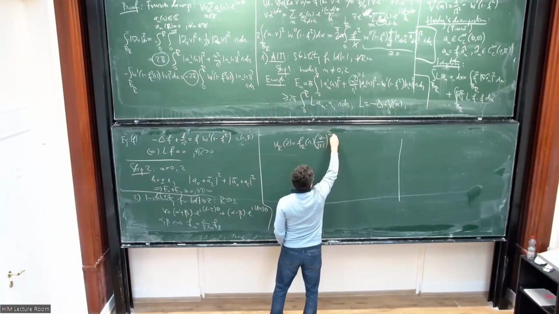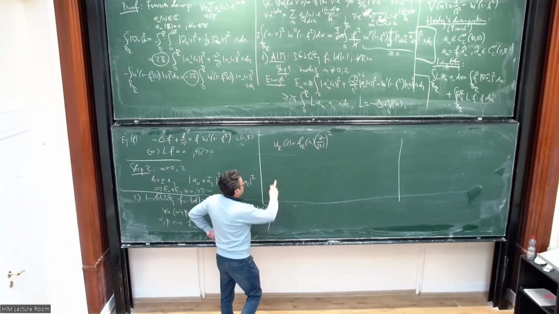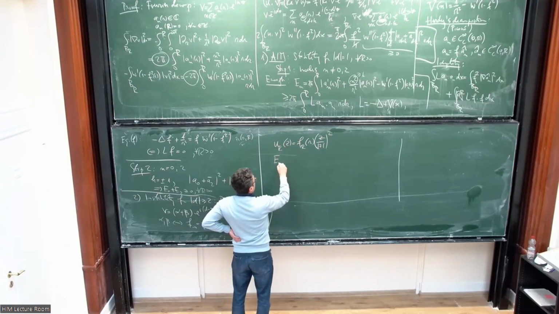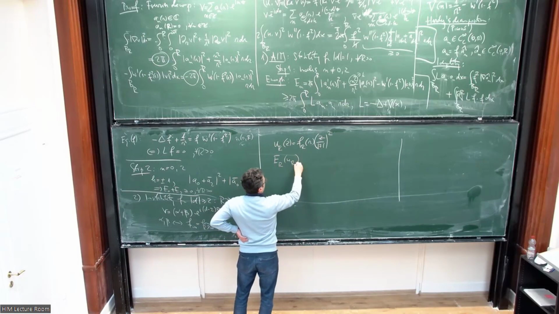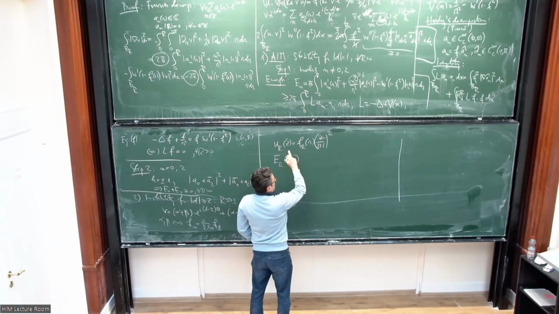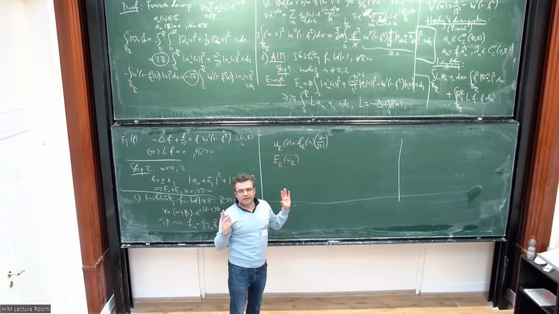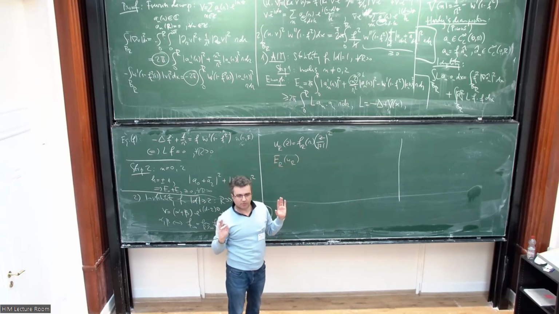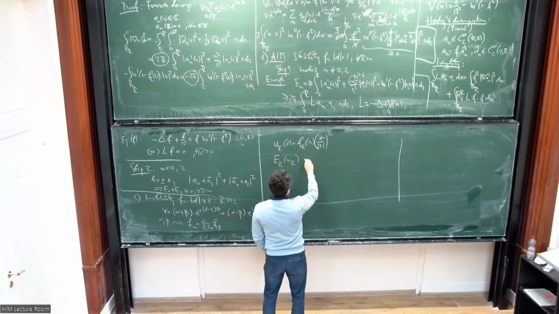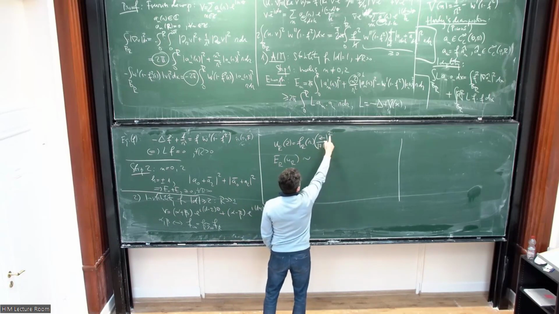When you compute the energy in the ball of radius R, imagine this would be the unique solution. The solution will have energy like 2 squared.